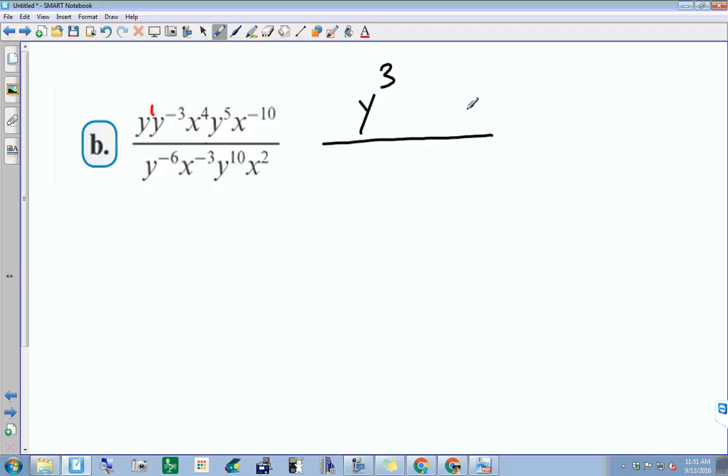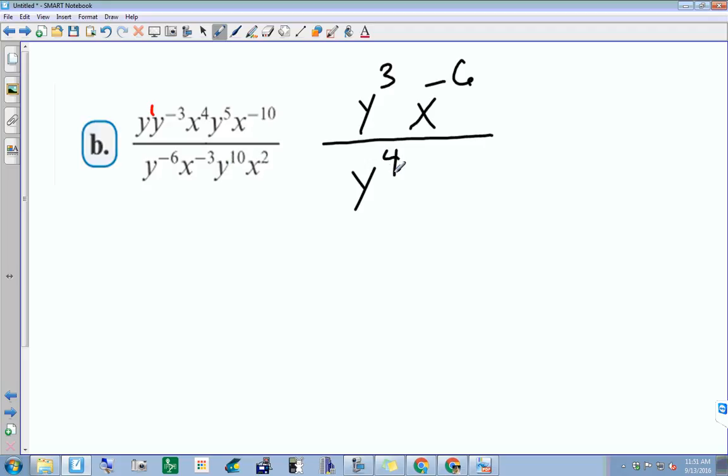Okay. Now, what about x? X is to the 4th. X is to the negative 10. So 4 and negative 10 give me what? Okay, negative 6. It's taking care of at the bottom here. I got a y down there. Negative 6, positive 10 is what? 4.